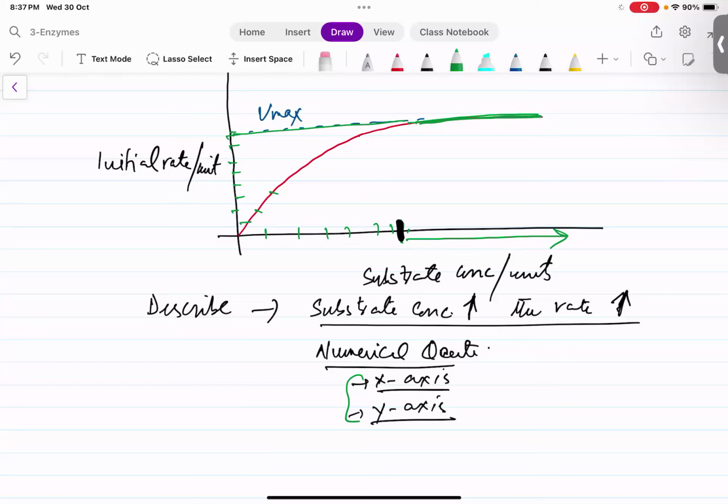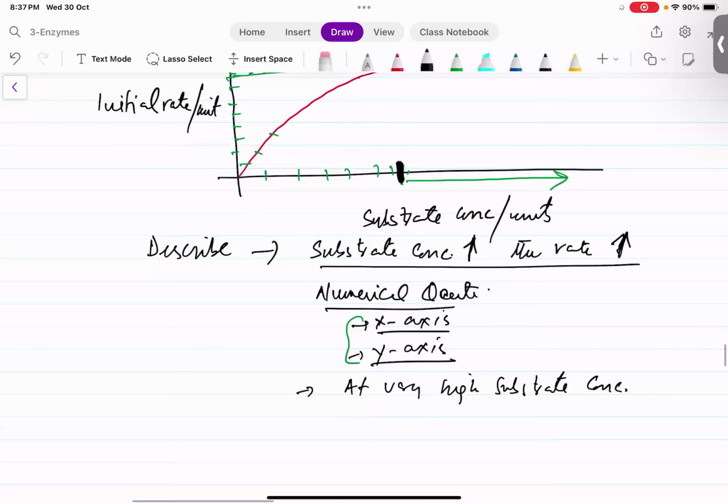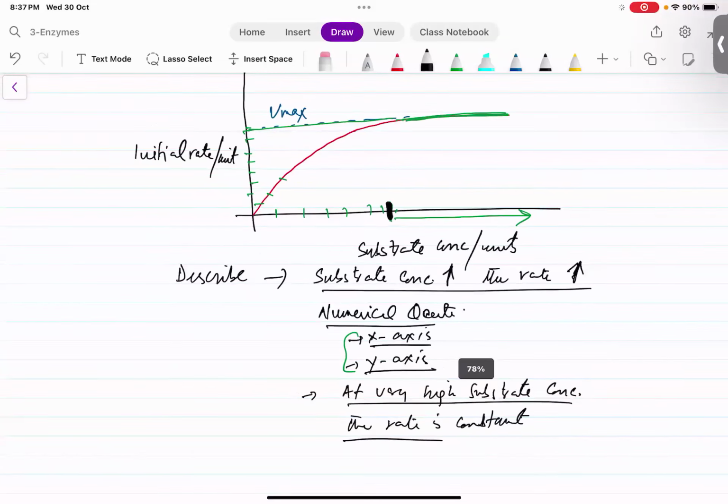Okay, so this is another point that we can write: at very high substrate concentration, the rate is constant. Okay, so this is how we can describe this graph.